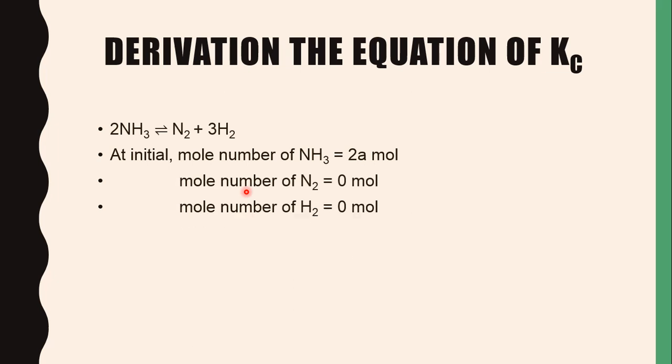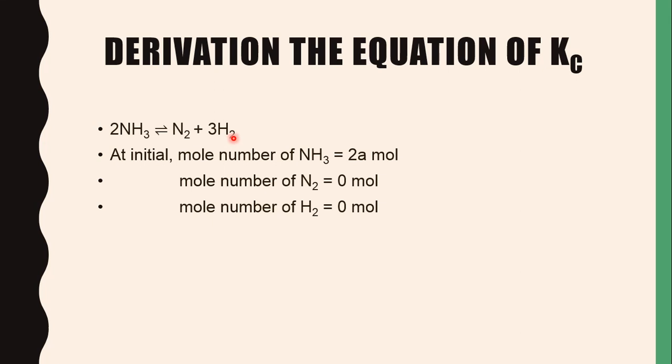Now look, 2 moles of ammonia give 1 mole of nitrogen and 3 moles of hydrogen.